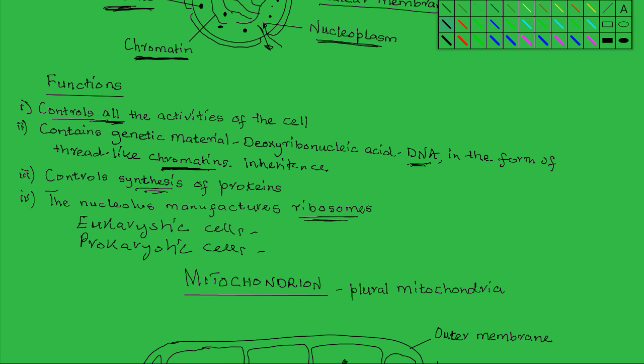Prokaryotic cells, and a good example of prokaryotic cells are the bacterial cells. All bacterial cells are prokaryotic in that they do not have a distinct membrane-bound nucleus.